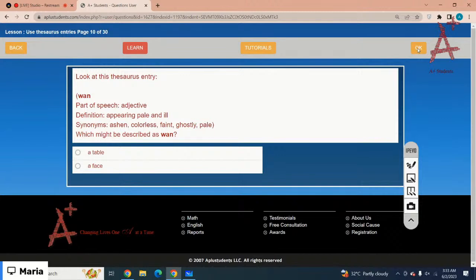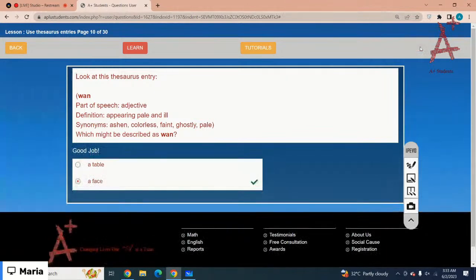So, which is the correct option, a table or a face? Yes, that would be a face. Got it? Because your face is pale when you are ill.